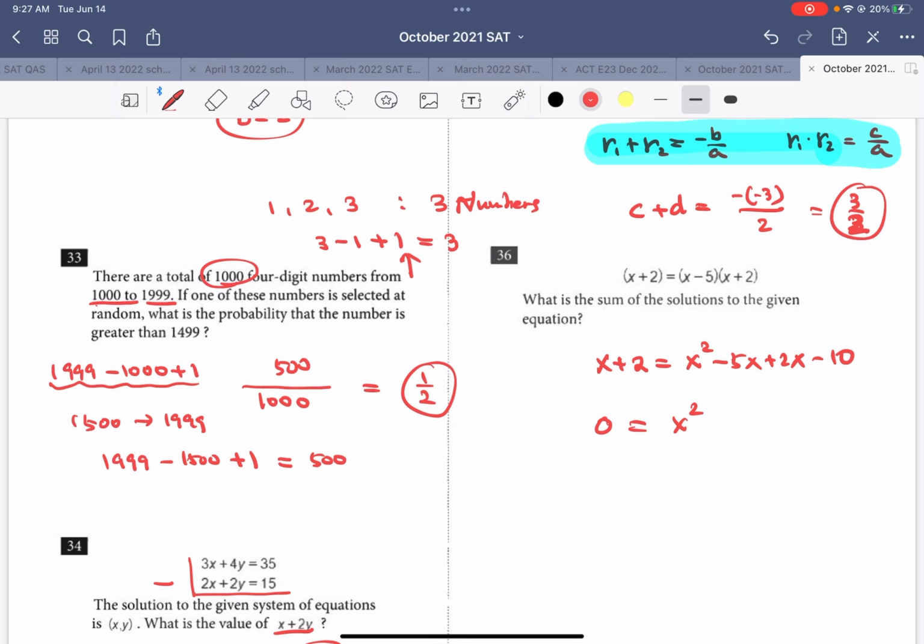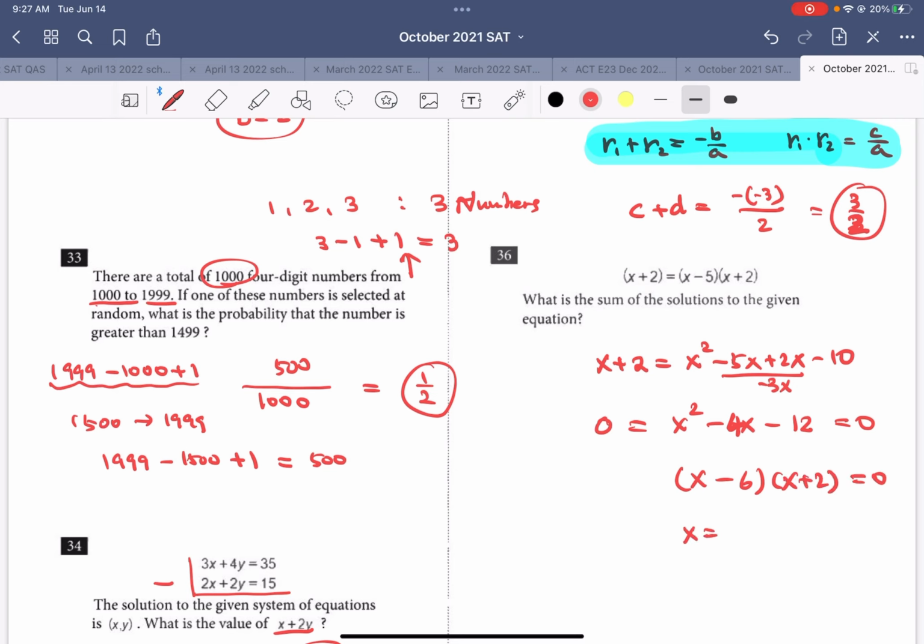Then this one is x squared, minus 3x, and so minus 4x actually. Okay, minus 4x. So minus 6 and then x plus 2 equals 0.